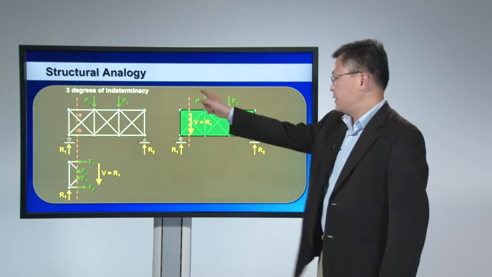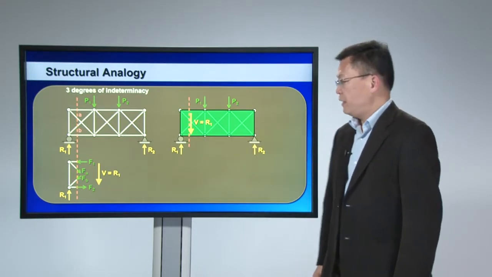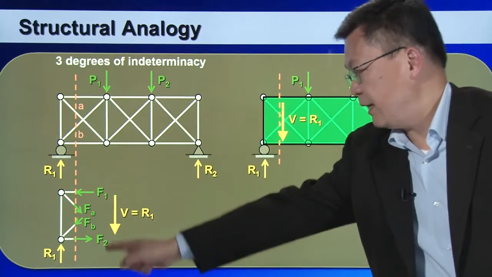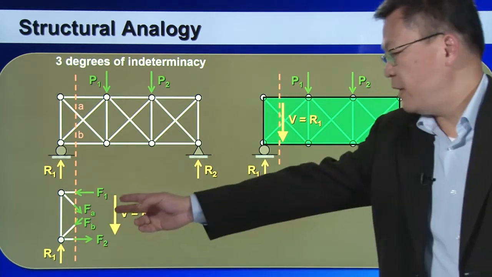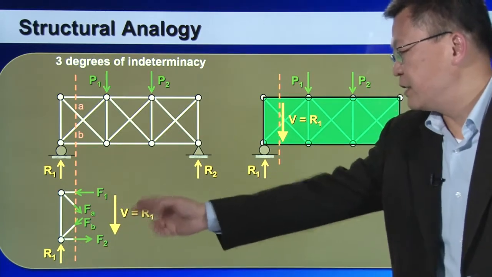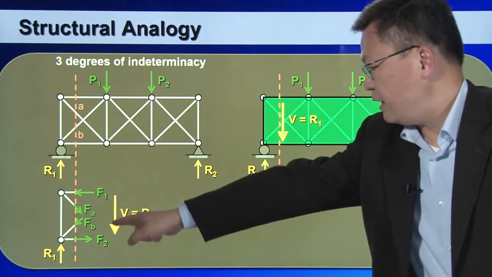For instance, this particular cross-section shear force is R1, and there are 4 forces at that cross-section of the truss structure. There are 2 member forces that can resist the vertical shear force, FA and FB.